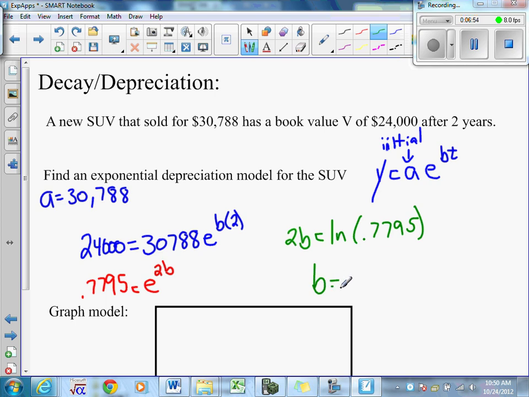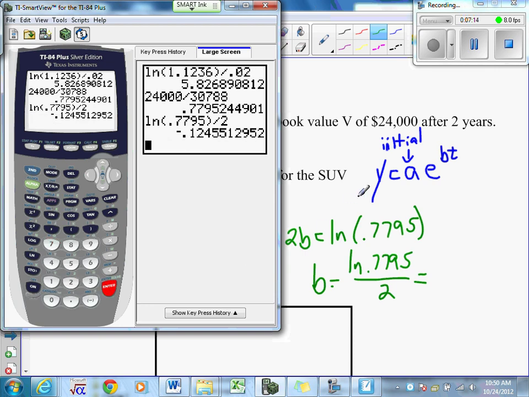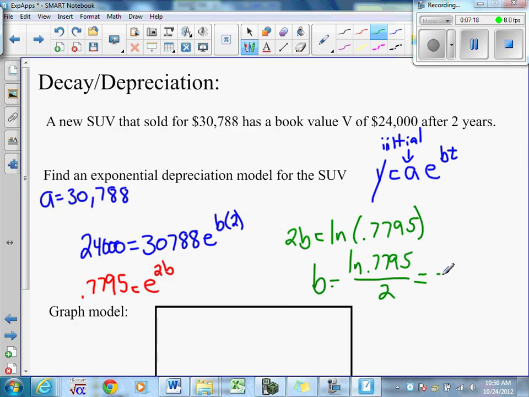So my B is the natural log of 0.7795 divided by 2, which on our calculator is negative 0.1246.